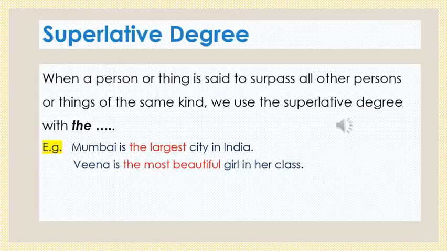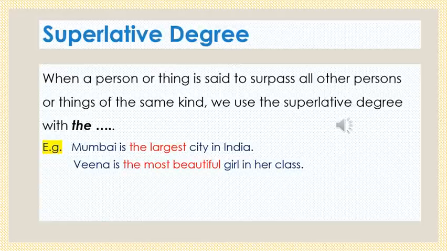To express the highest level or degree of quality by comparing more than two nouns or pronouns, the superlative degree of comparison is used. Okay, when more than two nouns are compared with the highest one, the topmost one, we use the superlative degree of comparison.